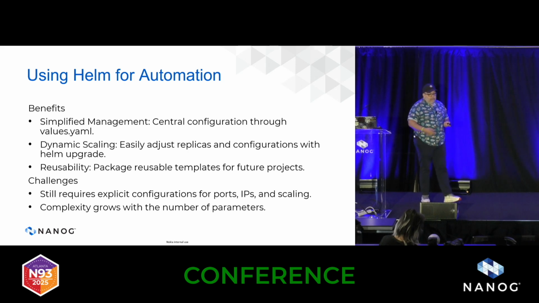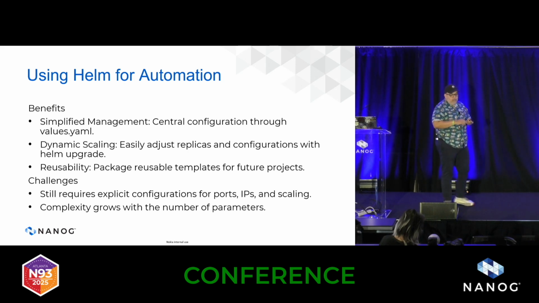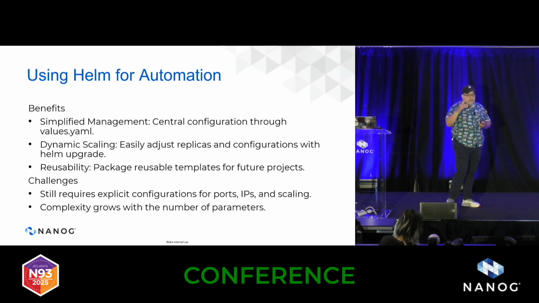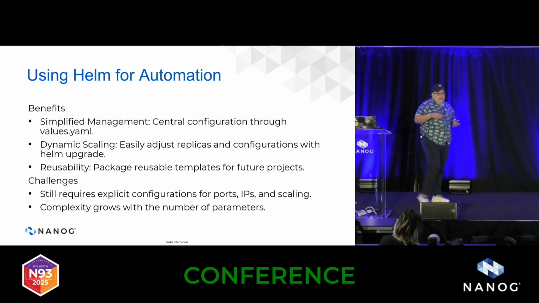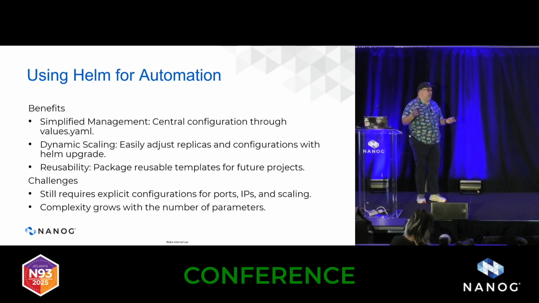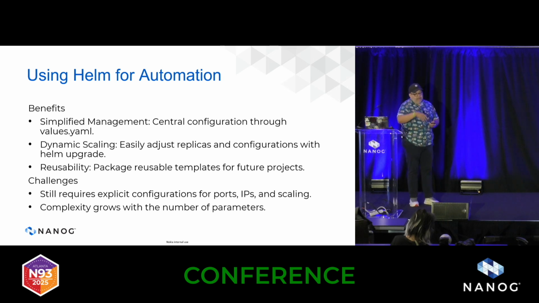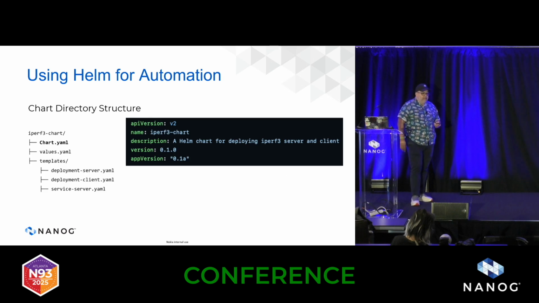It still requires some explicit configuration for the ports, IP, and scaling, but it's only about what modification you do on your values file. And there could be some complexity if you have too many parameters in the template. So you have to be aware of all the values that you need to inject into the template.